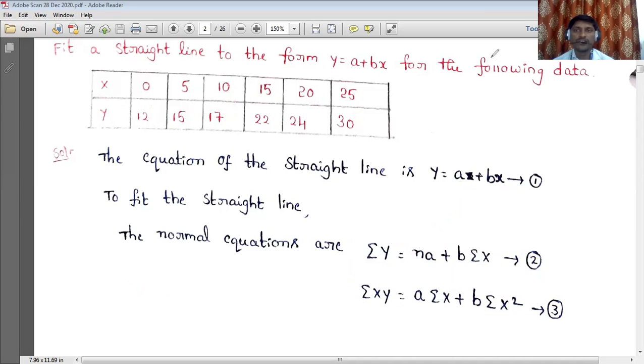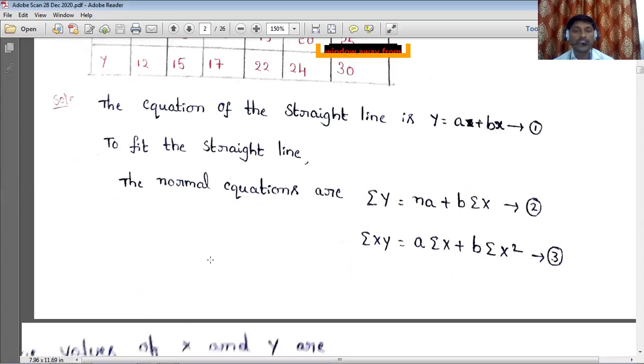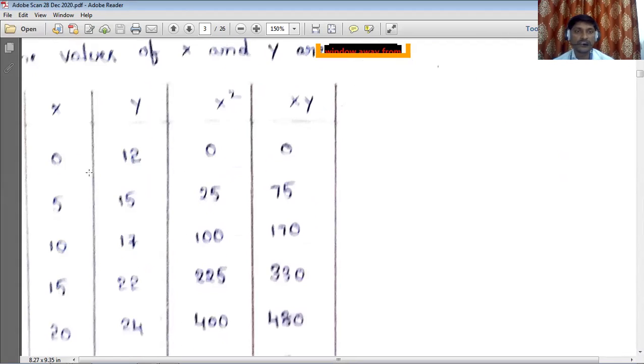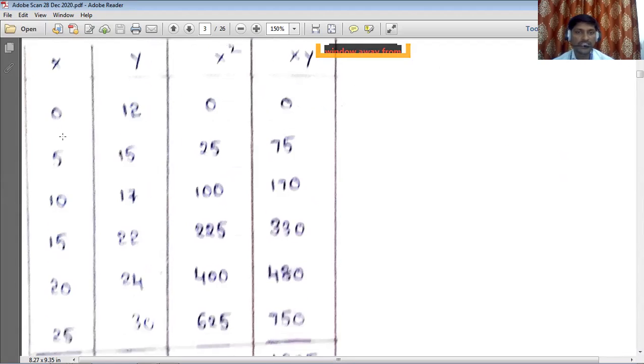So this is the way you need to solve the problems on straight line. The x values and y values are given here. This is the given data they mentioned in the problem: 0, 5, 10, 15, 20, 25, and the y values. And x square means squaring of these values.